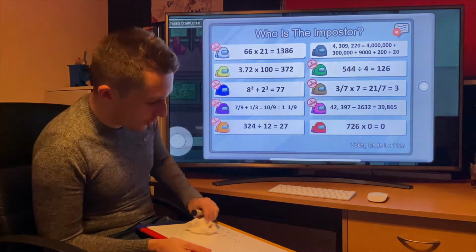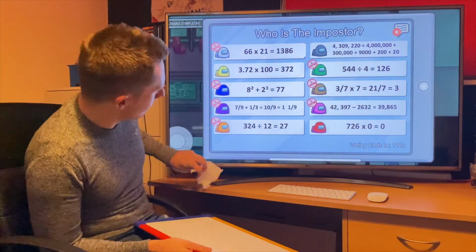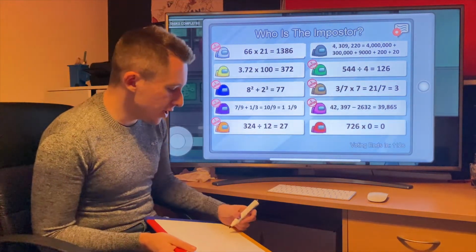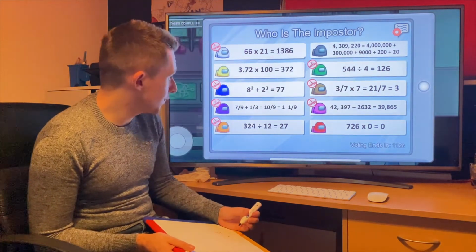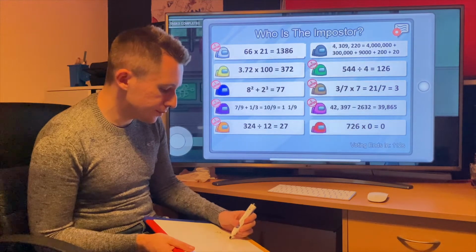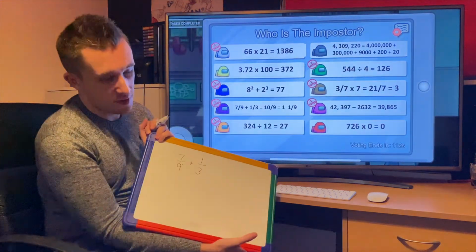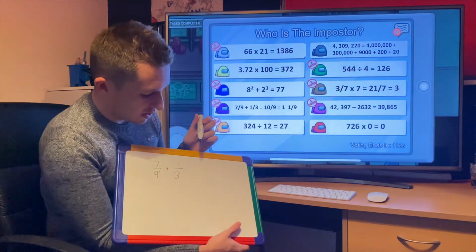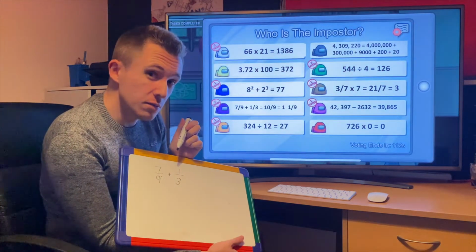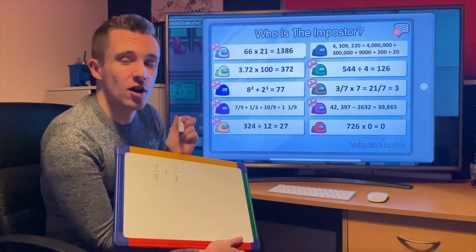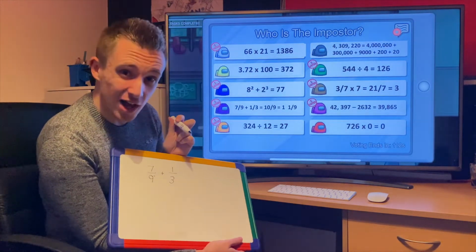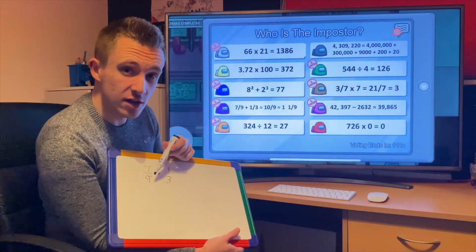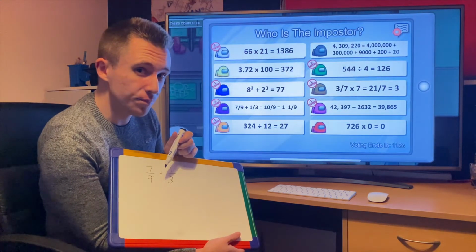Moving on, we have purple. Purple, we have 7 over 9, 7 ninths, add a third. Now, we can't add these fractions because the denominators are not the same. So, let's change one of them. Well, we're lucky today because 3 goes into 9, so we only need to change one of them.